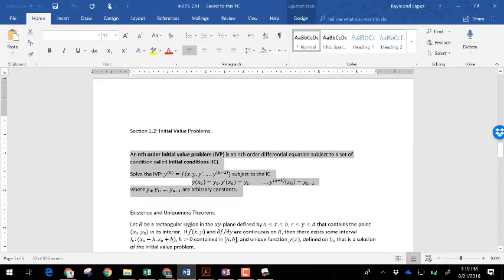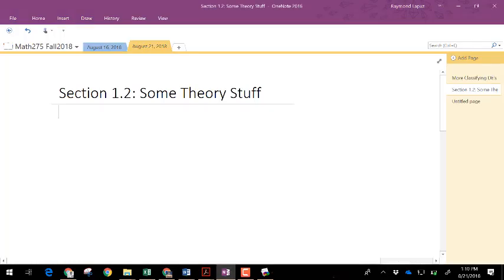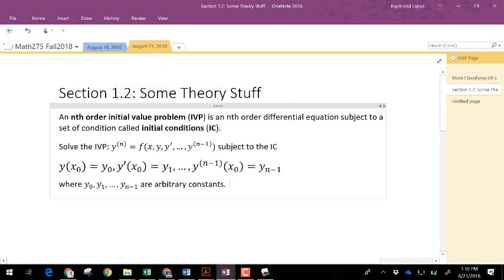The main topic is going to be called existence and uniqueness of the differential equation. But before that, we need to define a term that we're going to be using a lot, and that is an initial value problem.